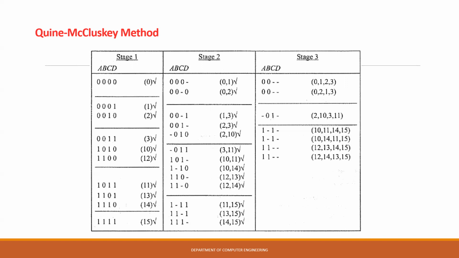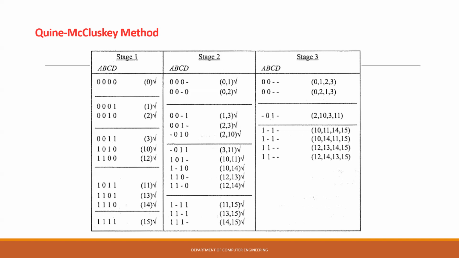That's why in stage 3, we get the minterm group as 0, 1, 2, 3 with marking 0, 0, dash, dash. The 1 bit change which is applicable is used to combine the different minterm pairs to form groups in stage 3.